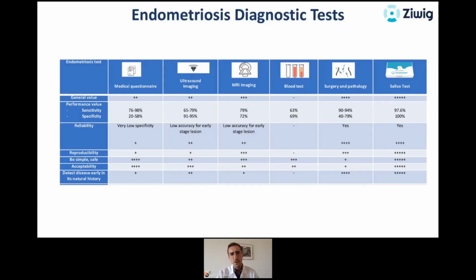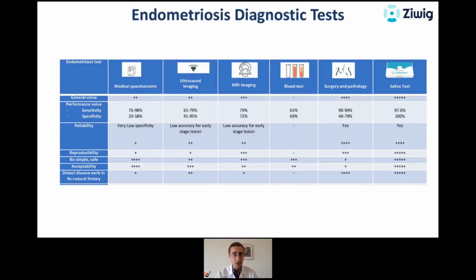So this brings us to what are the tools which a practitioner would have at their disposal in order to diagnose endometriosis. And this table briefly outlines the different approaches which a practitioner could take. Firstly, there's medical questionnaires.